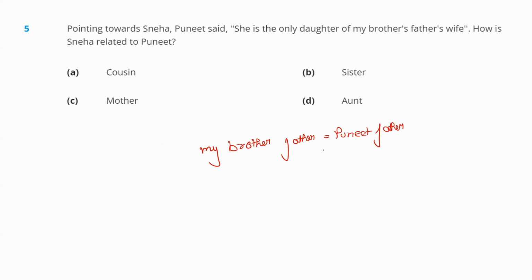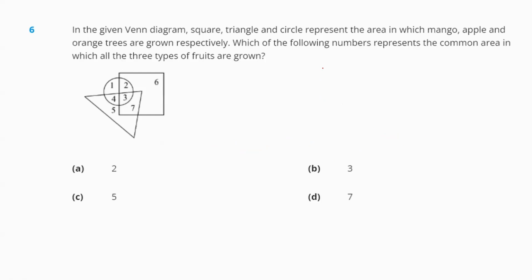And his wife will be Puneet's mother. And the daughter will be his sister. So how is Sneha related to Puneet? Sneha is a sister of Puneet. So answer B is the correct answer. Moving on to the next question.